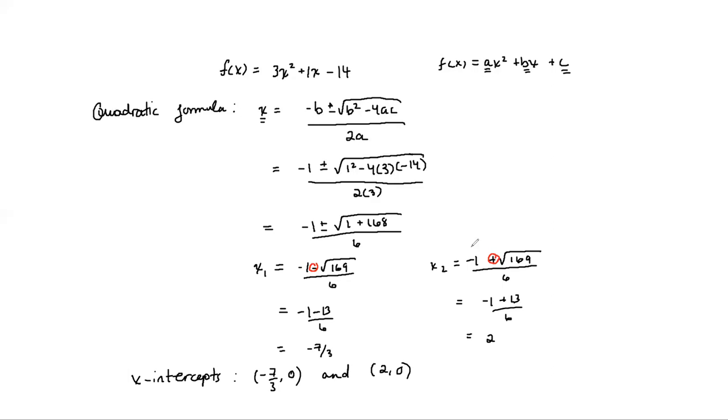Suppose now I have f of x is equal to x squared minus 9. Now, here we already have an idea by using the difference of squares that this is equal to x minus 3 times x plus 3.